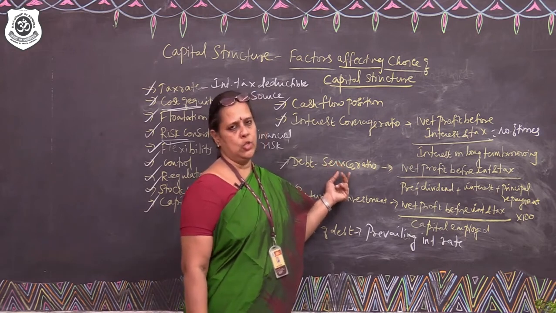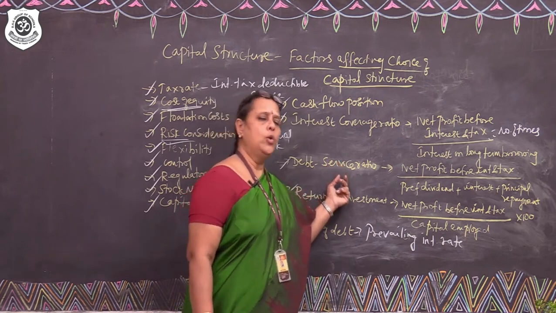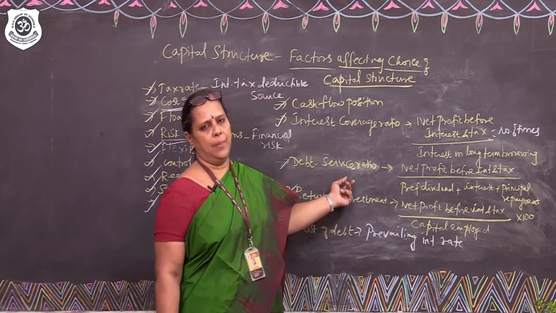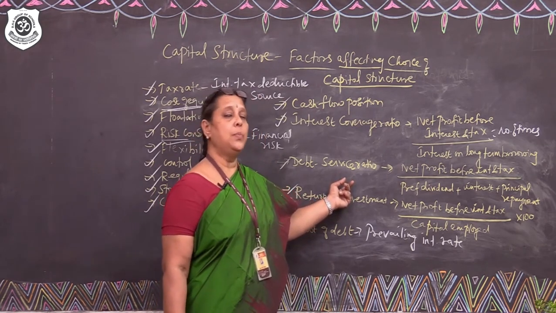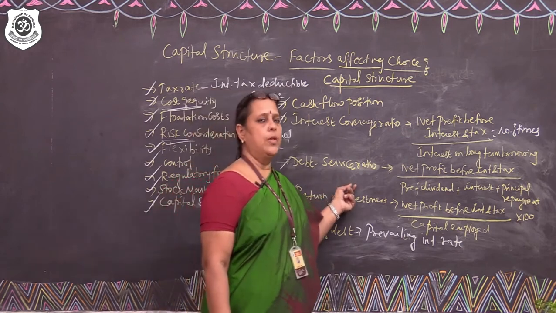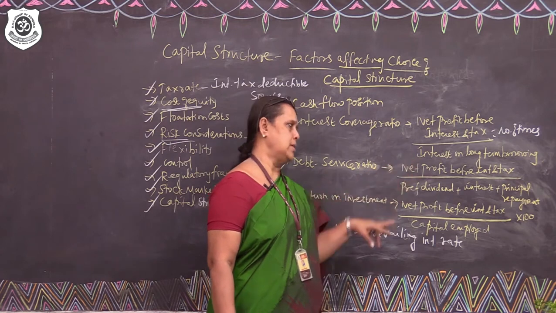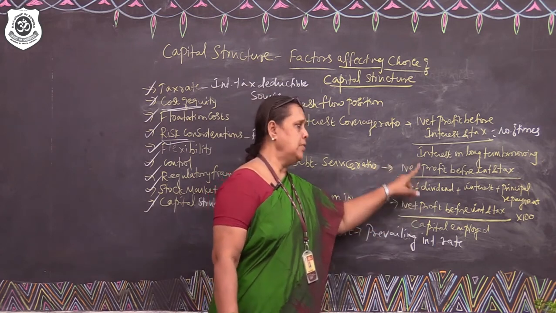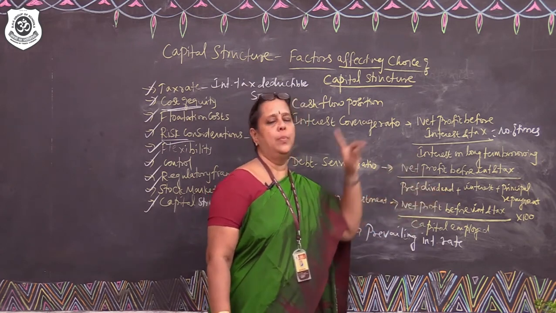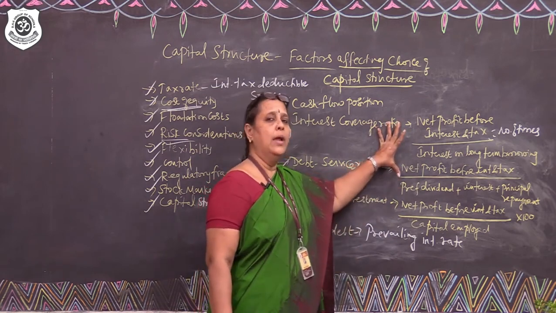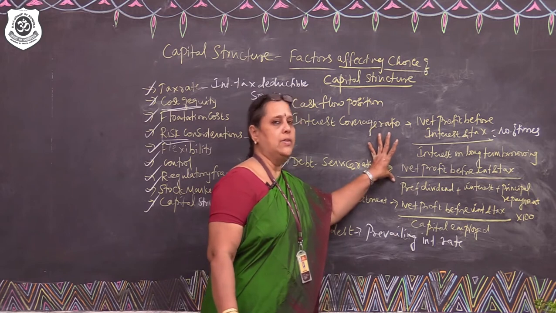In debt service ratio, we measure not only the interest commitment but also the preference dividend payable plus the principal installment repayment. So, here we take into consideration net profit before interest and tax and preference dividend plus interest plus principal repayment. We can easily make a comparison between interest coverage ratio and debt service ratio.